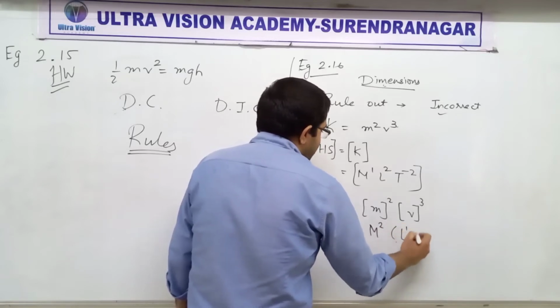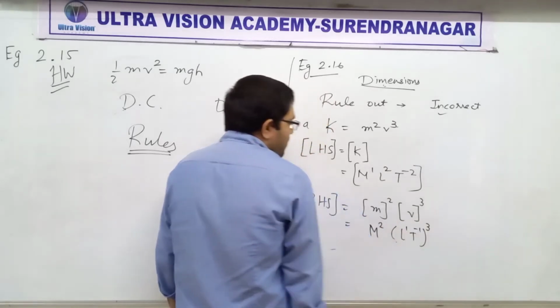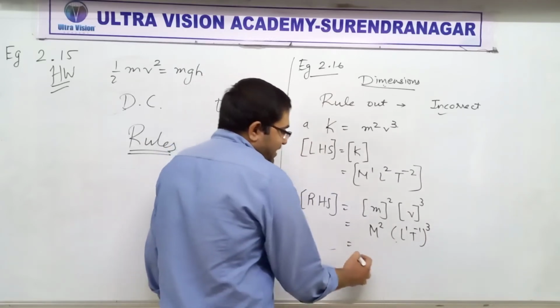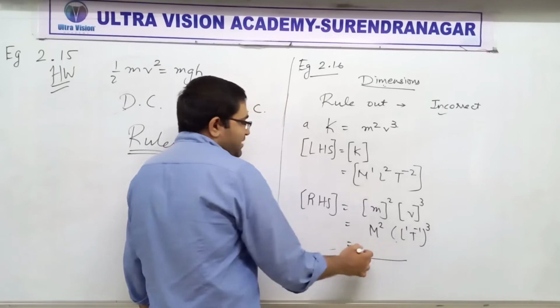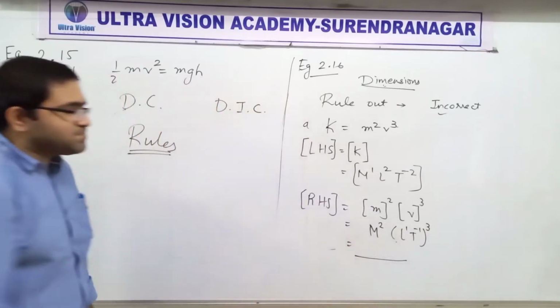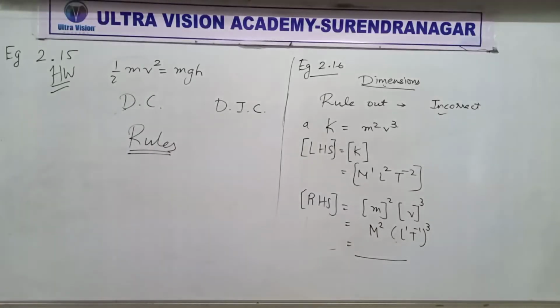L raised to 1, T raised to minus 1, whole cube. Can you tell me what will be the final dimensions on the right side?